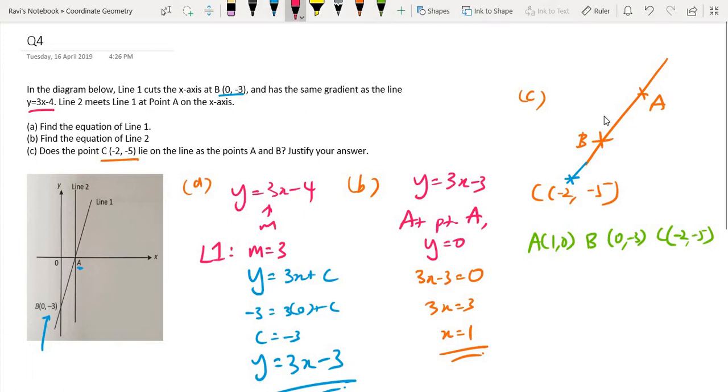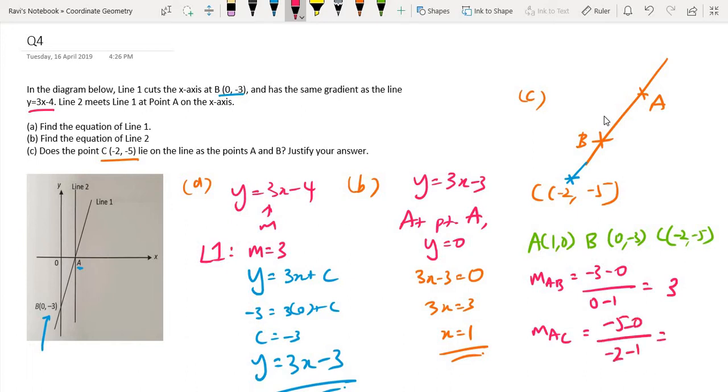First, I find the gradient between A and B. That is minus 3 minus 0 over 0 minus 1, which is minus 3 over minus 1, which is 3. Next, I find the gradient between A and C, which is minus 5 minus 0 divided by minus 2 minus 1, which is 5 over 3.